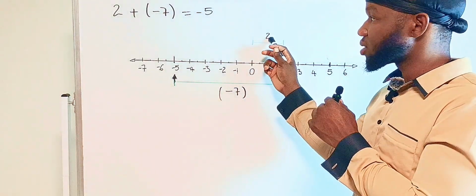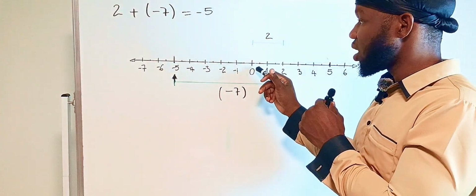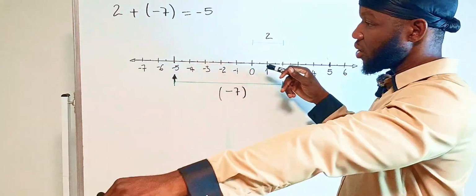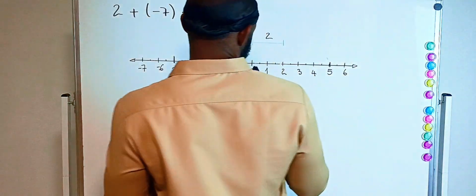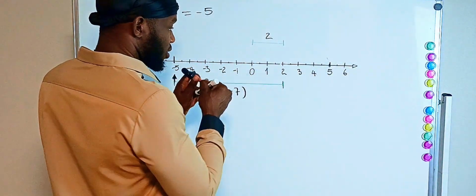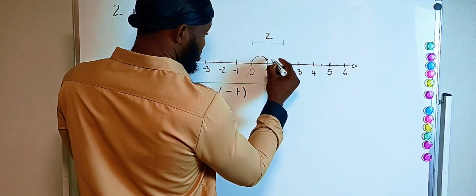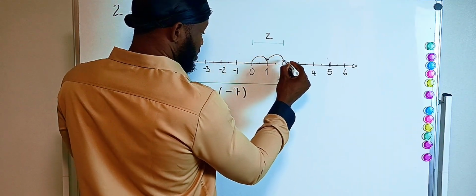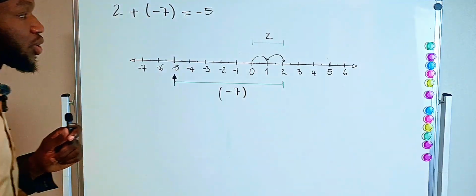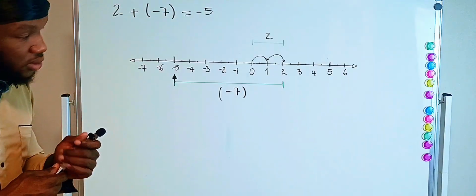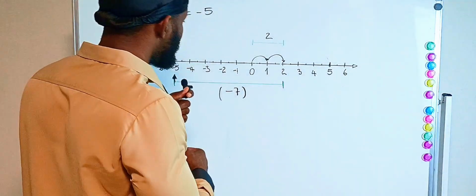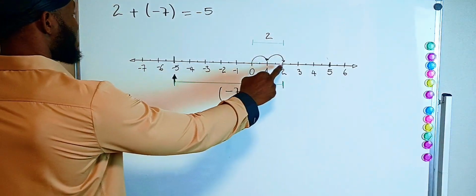We know the sign of 2 is positive. That means we go from left to right, 1 unit plus another unit, I mean 2.